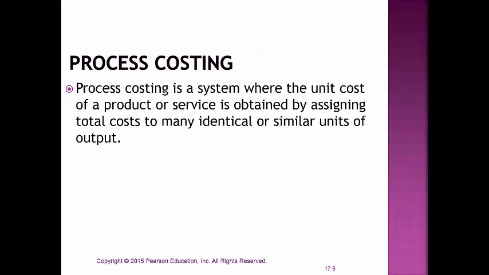Alright, so in regards to our process costing, what we're trying to do is come up with a unit cost for each item produced. And this unit cost is going to carry on. We know that when we've got to do our income statement, we've got that cost of goods sold component. And then any items that remain within our inventory, of course, need to be on our balance sheet.